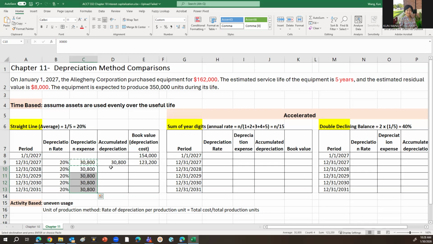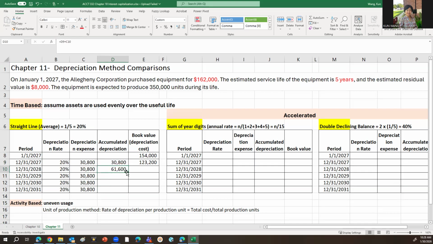Now I work on the accumulated depreciation in the second year, so that will add up. And so I need to use the prior one, this one, right? There are different ways you can figure out all of these numbers. Oh, plus the new depreciation we are adding in the second year. So accumulated depreciation will add up to the end of the service life.